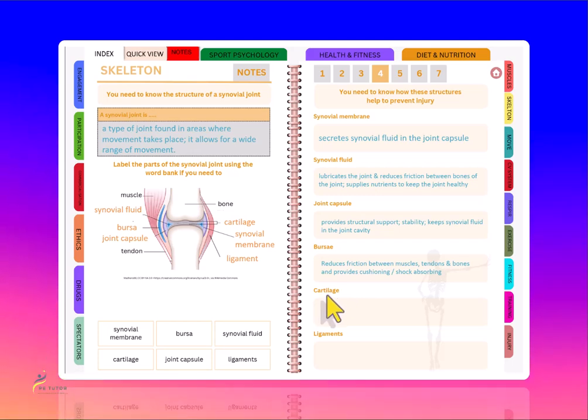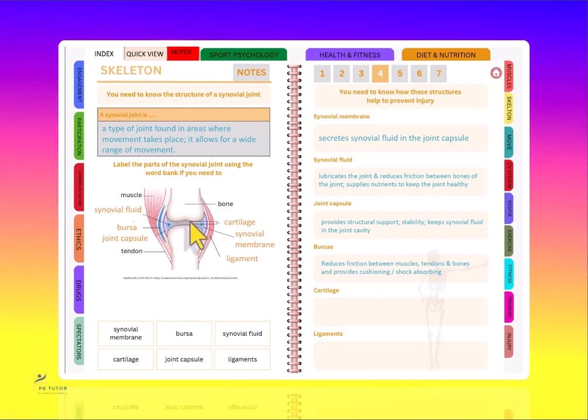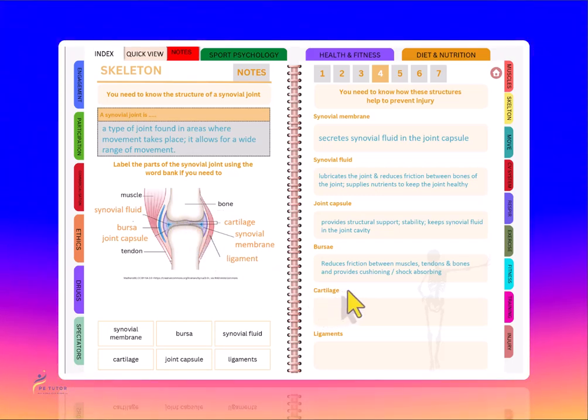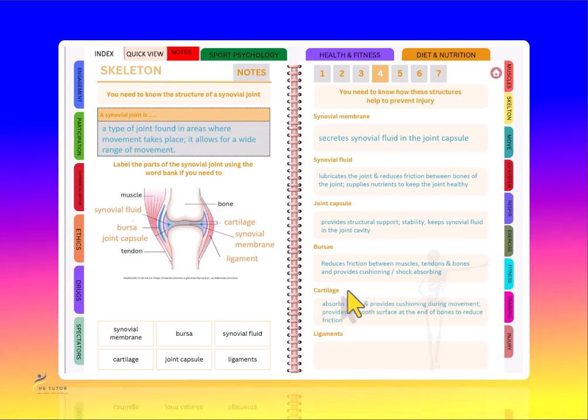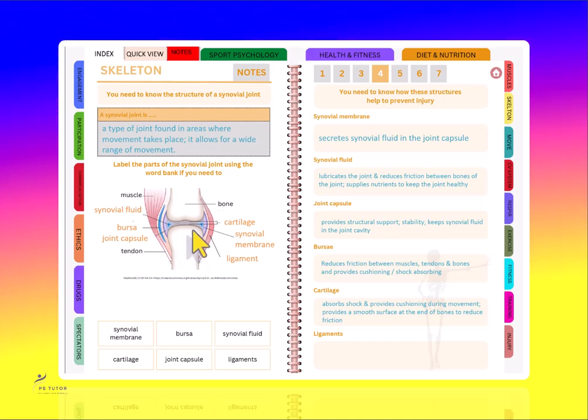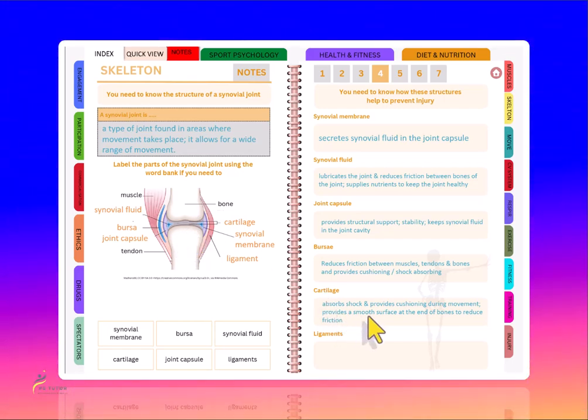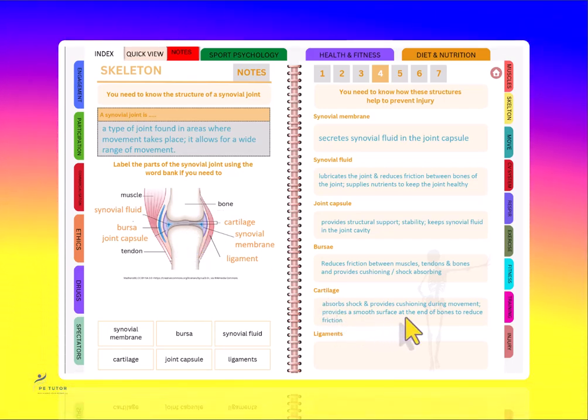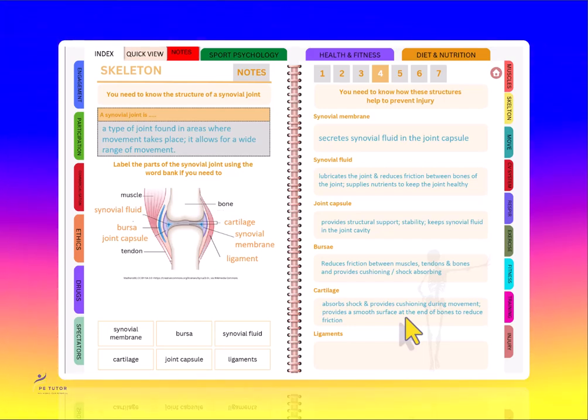Moving on then, cartilage, you remember, is at the end of each of the bones, and the role of the cartilage is to absorb shock and to provide cushioning during movement. So it's a shock absorber, and it also provides a smooth surface at the end of the bone so that it reduces friction, so the bones don't rub against each other. That's a key part of preventing injury.